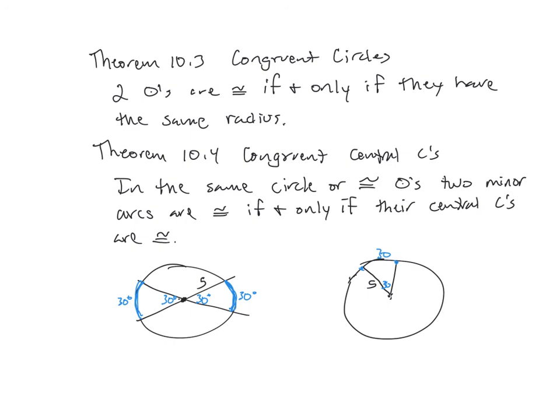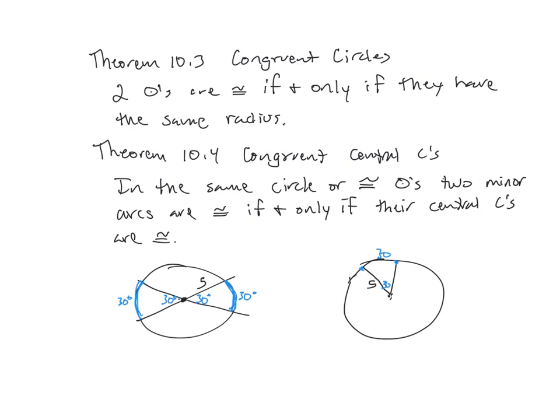Okay, so your last set of a few problems will say tell whether the red arcs are congruent. There'll be black circles, but a couple of the arcs will be marked off. They need to have the same central angle, and they need to be either in the same circle or congruent circles.